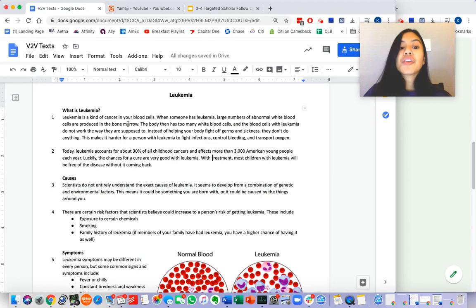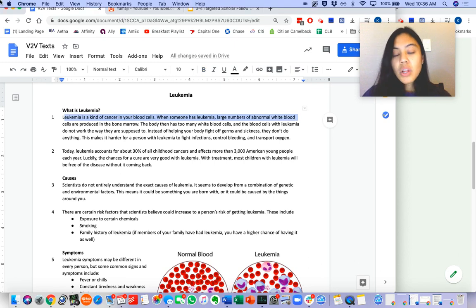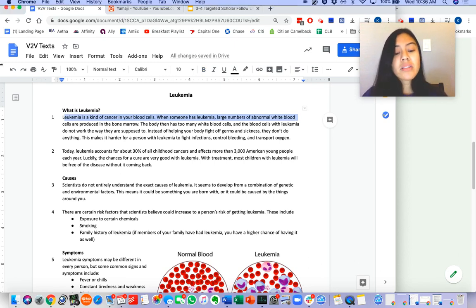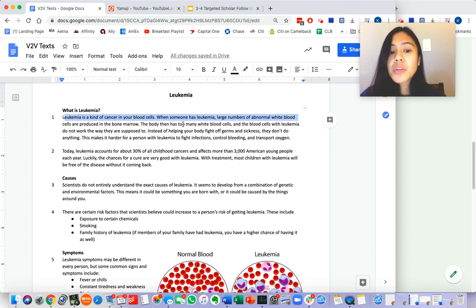Remember, after each paragraph, I'm going to ask myself, what was the topic sentence? What was the sentence that best described what this paragraph was about? Leukemia. What is leukemia? Leukemia is a kind of cancer in your blood cells. When someone has leukemia, large numbers of abnormal white blood cells are produced in the bone marrow.